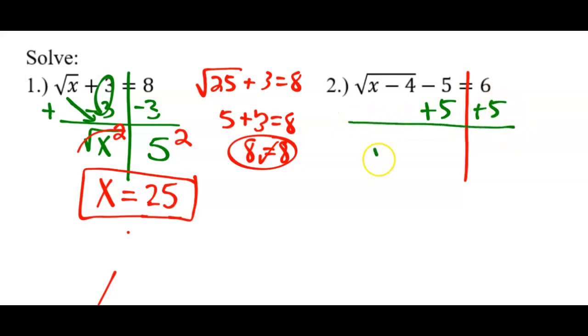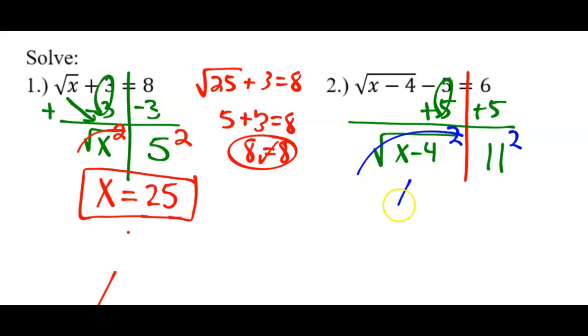So what do I get? The radical of x minus 4, because those 5's are going to zero out, and that's going to be equal to 11. All right. Now, I need to get rid of my square root sign by squaring both sides. That's gone. So now I've got x minus 4 equals 121, because that's 11 squared.